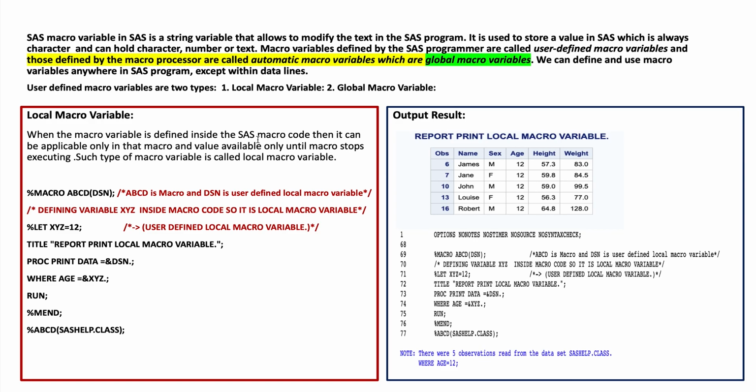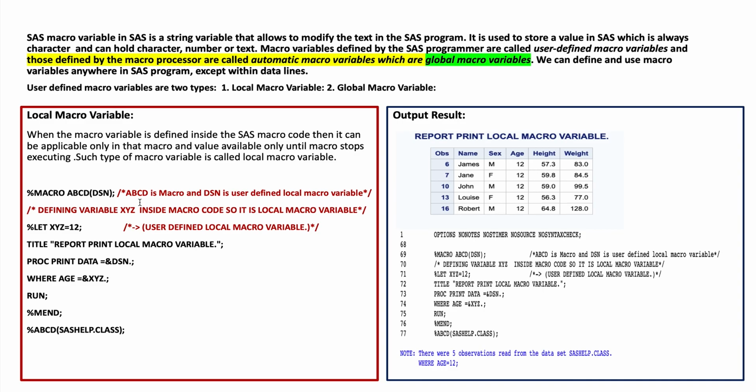That means a local macro variable is defined inside the macro code and its value is effective only inside that macro. We cannot use it outside the macro. A sample code is given here. %macro ABCD, where ABCD is the macro name.